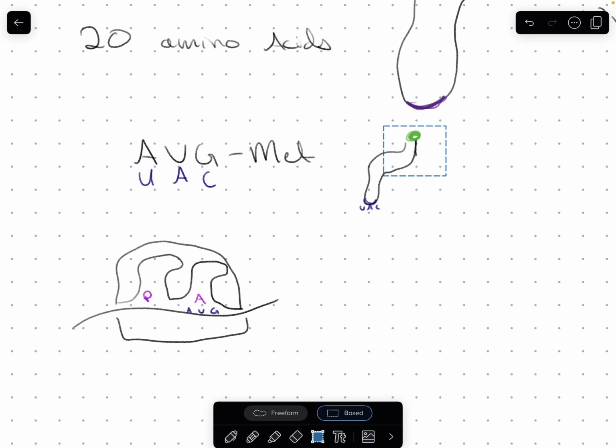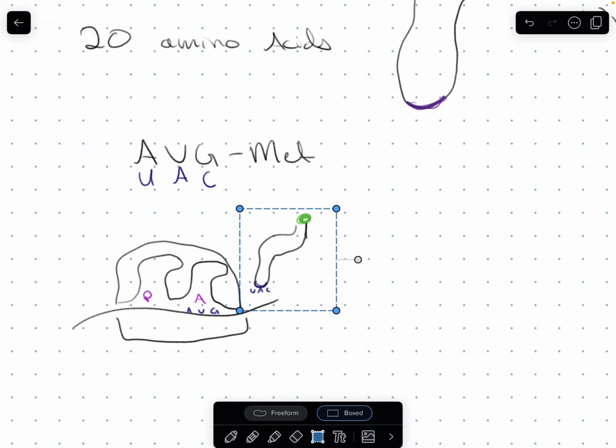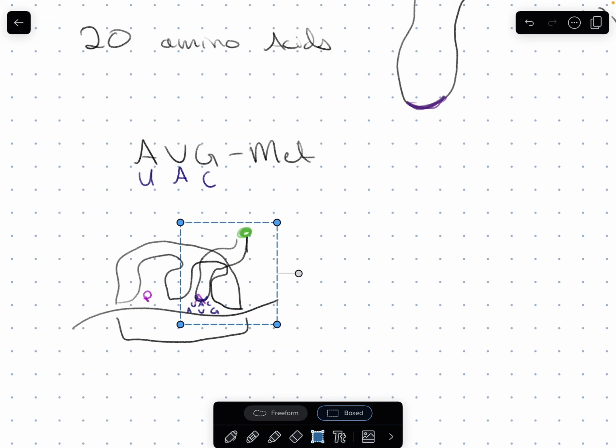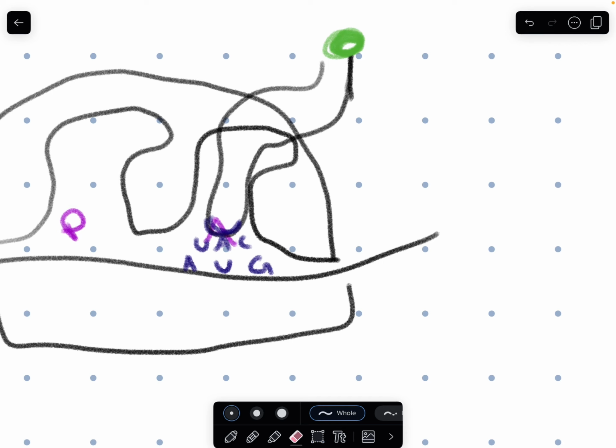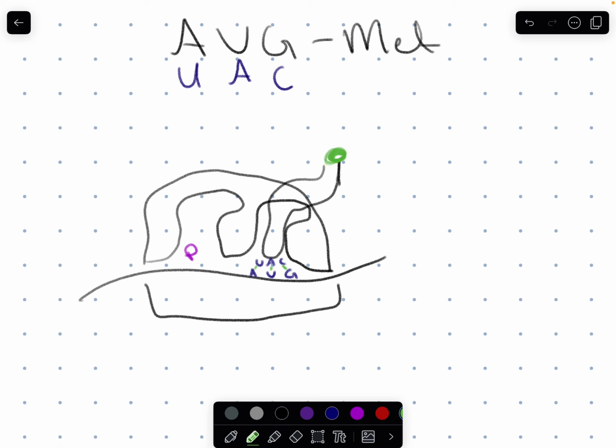So now our tRNA goes and it matches up here. You'll see your U matches with your A matches with your U, your C matches with your G, and we have methionine on the top there.